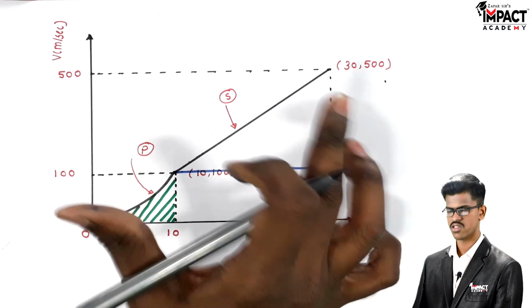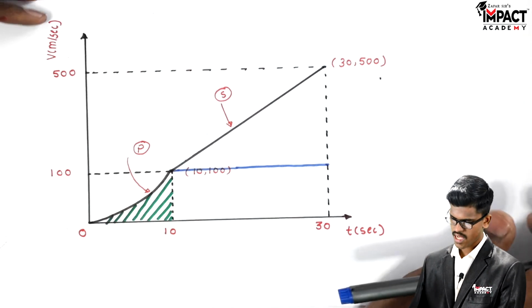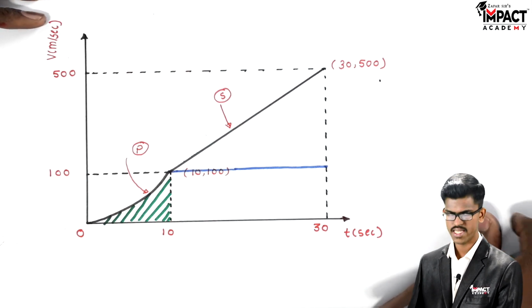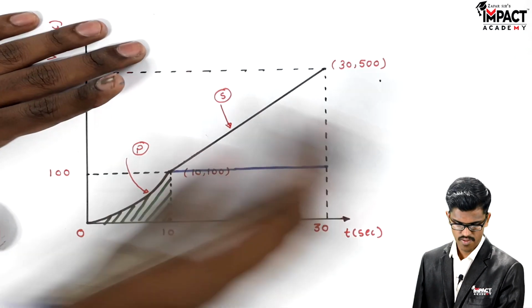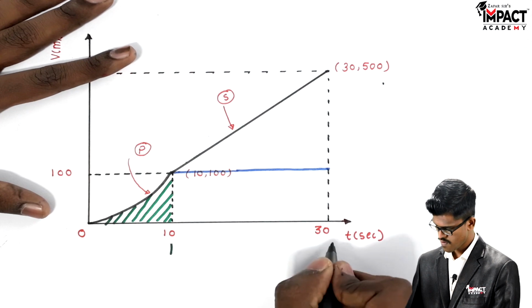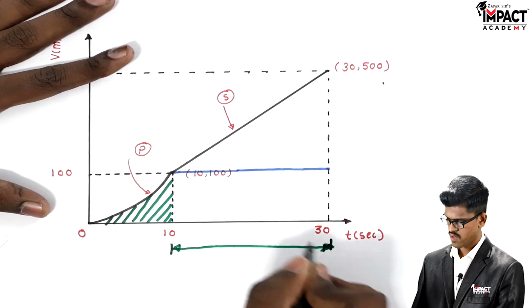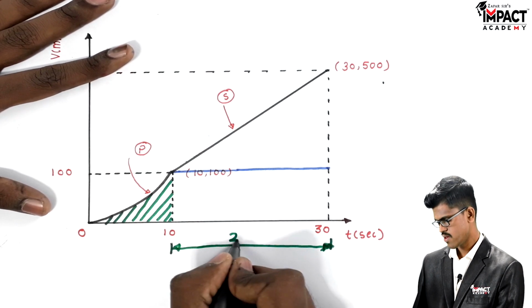If we see here, there are two regular shapes. First is a triangle, second is a rectangle. So we have to find the base and height of the triangle and rectangle first. So here the base of the triangle or rectangle is 30 minus 10, that is 20.